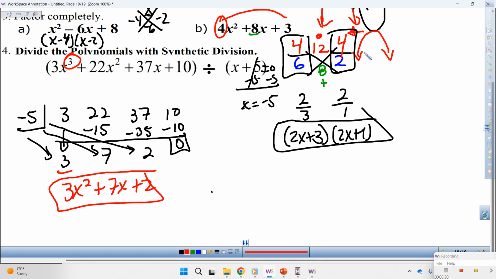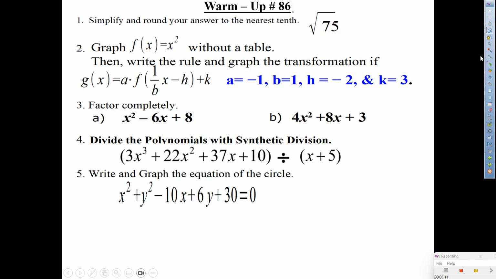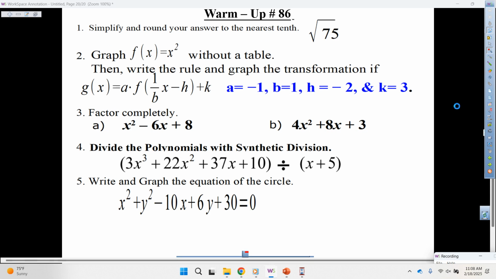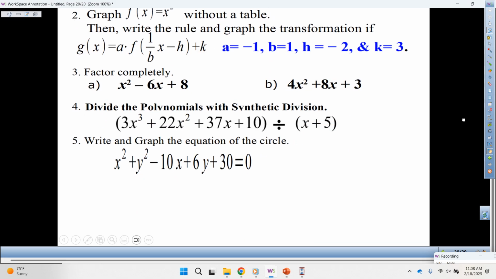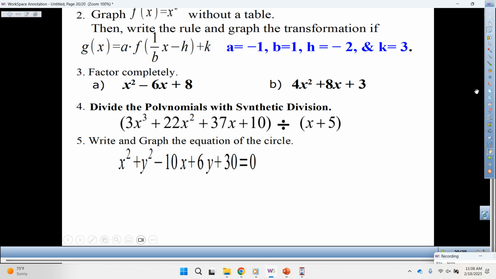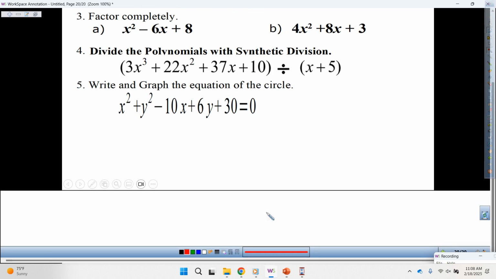Pretty good, yeah? All right, let's go to number 5. Now, just a little side note. Once again, this is being recorded. One thing that I've noticed, some of you somehow are not putting in the practice for the warm-ups. You're going to be in trouble for the final. It's cumulative. What does that mean, Mr. Q? Everything we've seen throughout the year is going to be on the final.